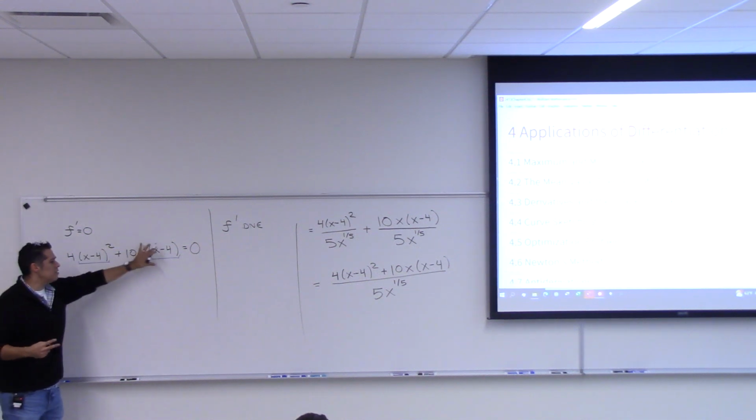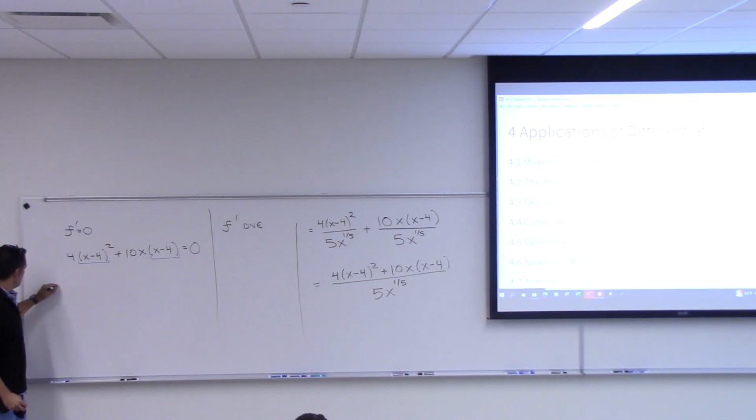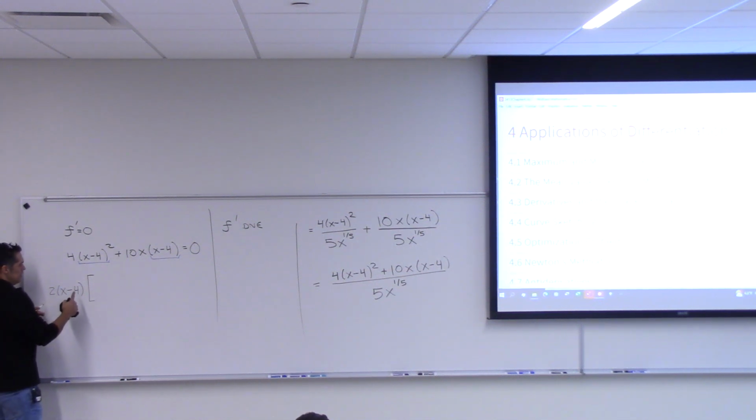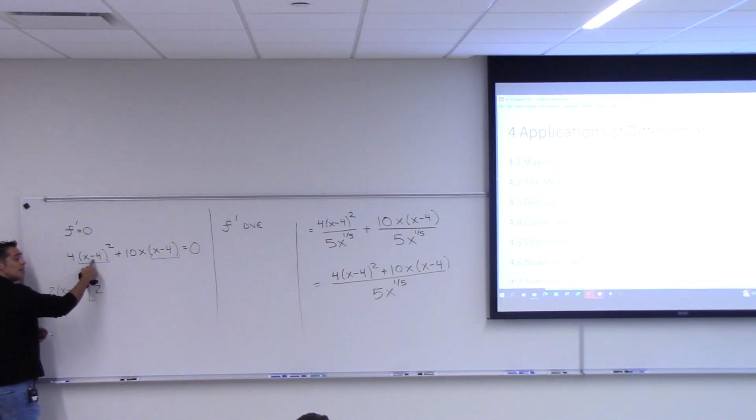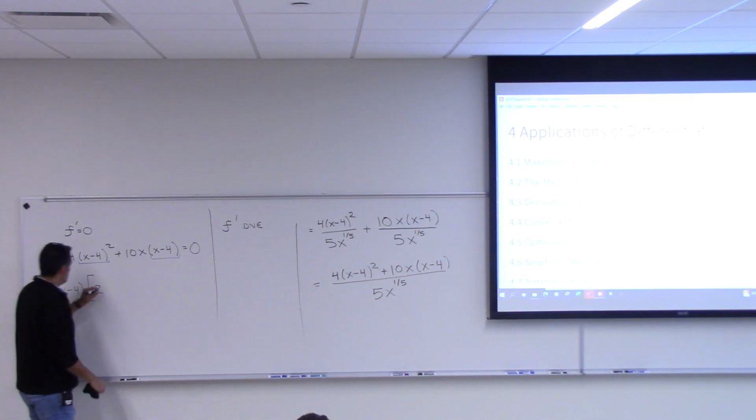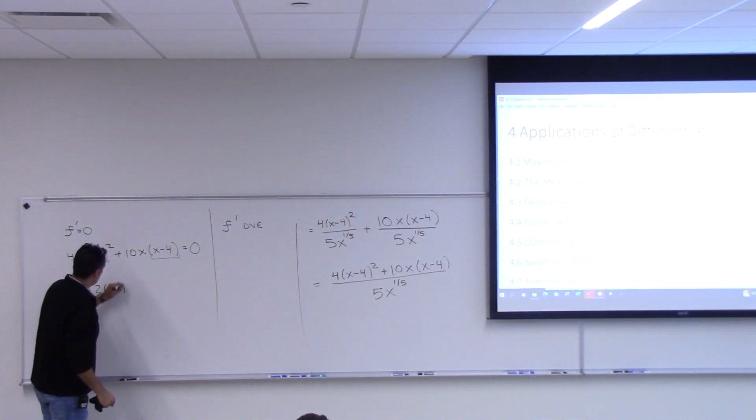So from this expression, I'm going to pull a 2 and an x minus 4 out front. Now I'm going to put a bracket, even though I could use a parenthesis, just so hopefully everyone sees this. When I pull 2 from here, I'm left with 2. And when I pull one of the x minus 4 factors out, I'm left with one of them still, right? So I still have an x minus 4 there.